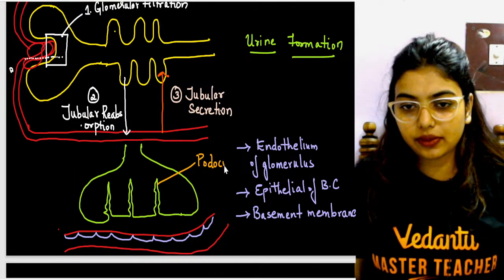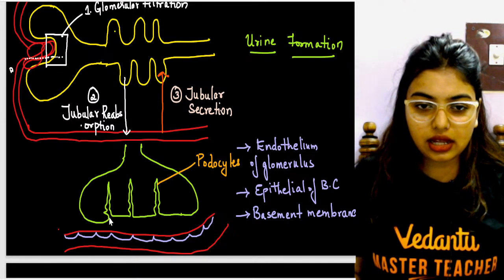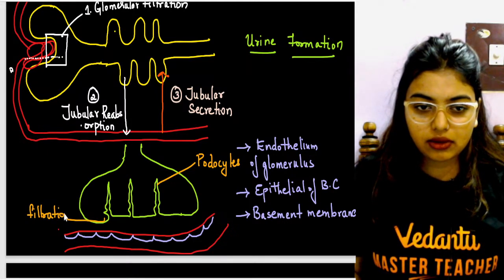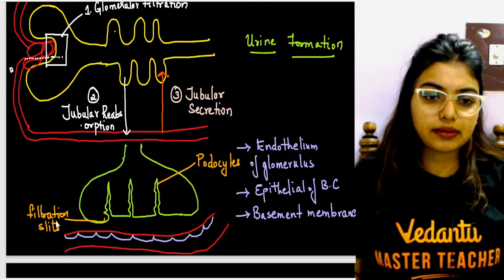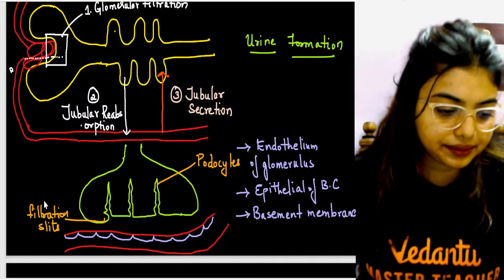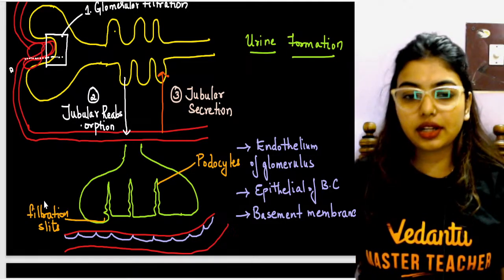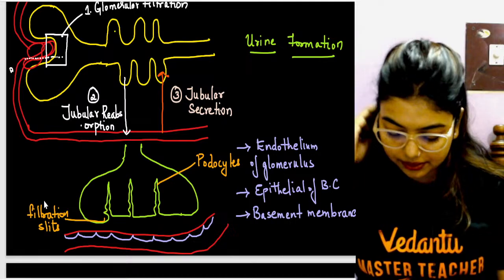Now the spaces between these podocytes are going to be your filtration slits. Clear? Podocytes and filtration slits are actually spaces.